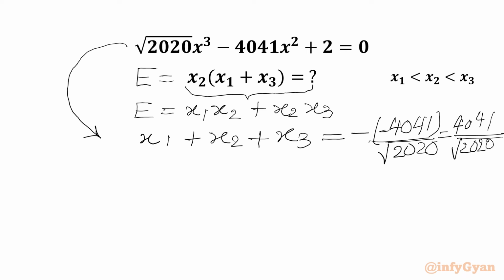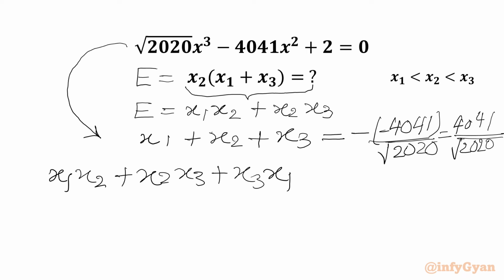Now we will write the sum of roots taken two at a time. So x1 x2 plus x2 x3 plus x3 x1 is equal to c over a, but the coefficient of x is missing, it is 0. So we will write it straight away 0.